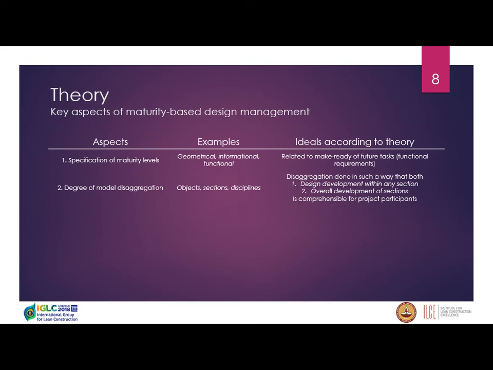So what is often done to solve this issue is to separate the model into different sections, which makes it easier for the managers, but then you get the question of what the correct degree to which this should be done is.